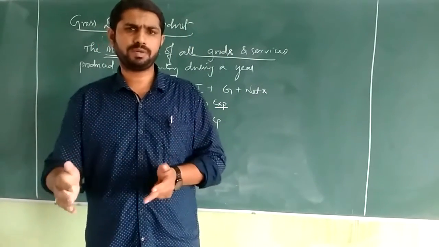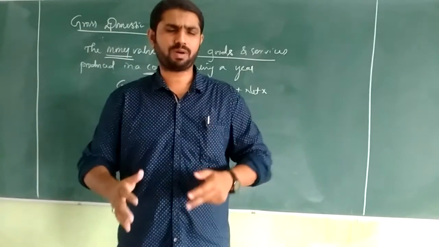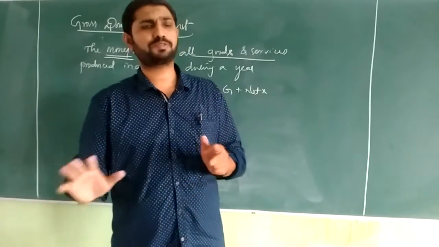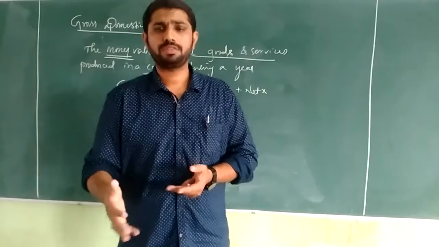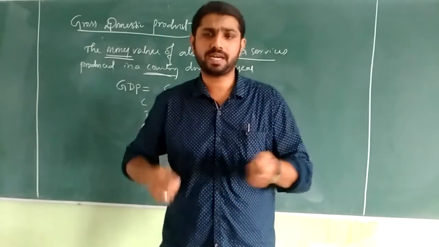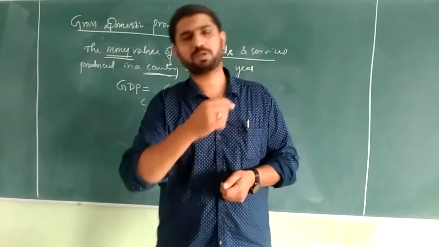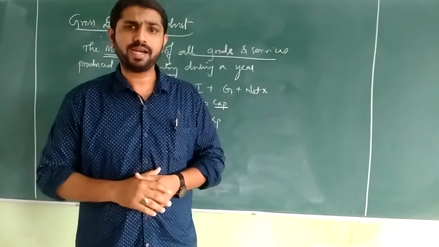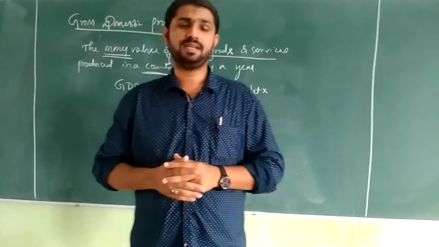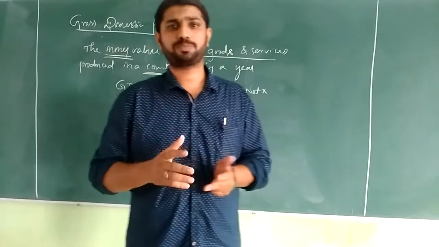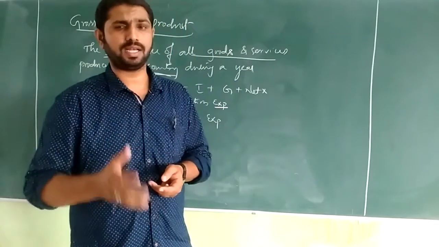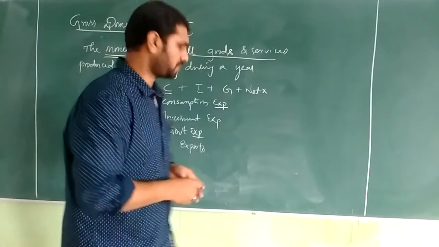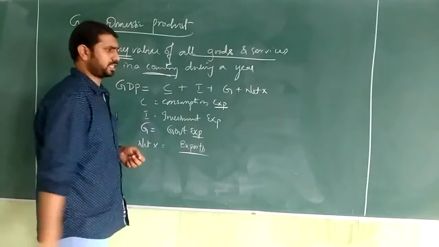So when the goods have been made of 100% quality, they are subjected to export from our country to the rest of the world. Then whatever amount of expenditure is connected with the exports of those goods and the running of different services worldwide, all this comes under net X, which stands here for exports minus imports. In simple, we can put it as export expenditure or expenditure in connection with exports.